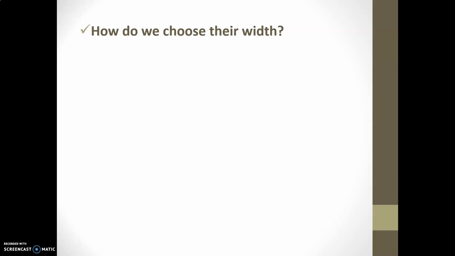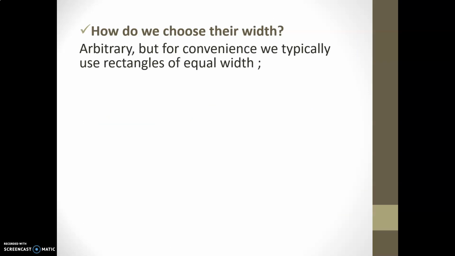So how do we choose the width of the rectangles? Well, actually, it's arbitrary, but for convenience, we typically use rectangles of equal width, such as those I've done in the previous examples. How do we determine the height of the rectangles that will approximate the area?